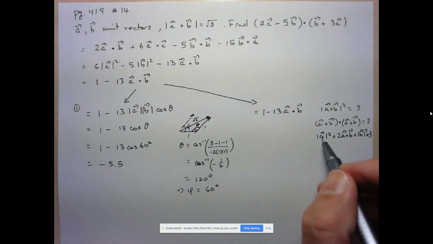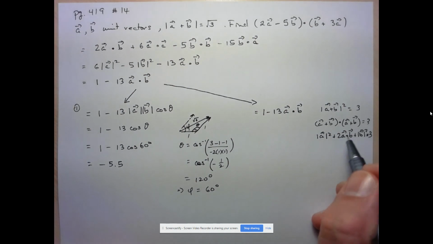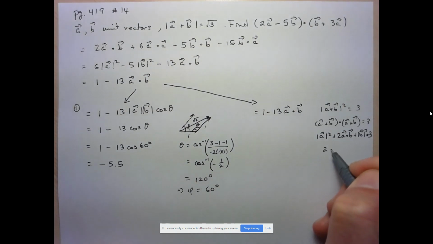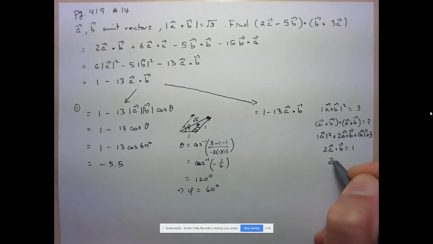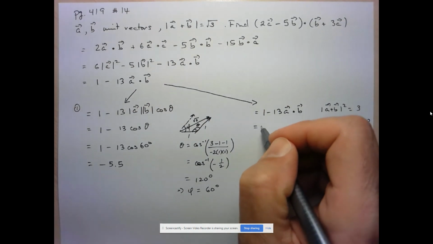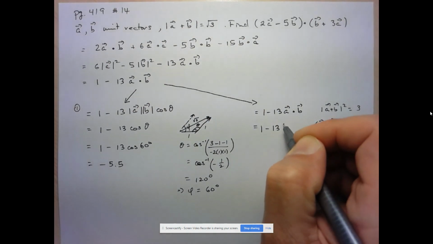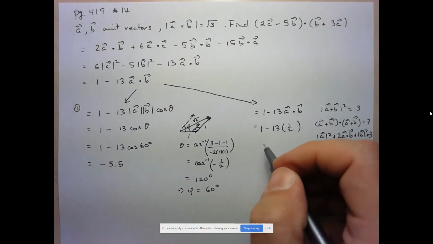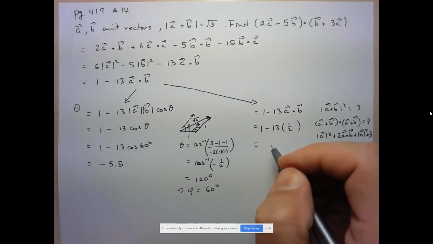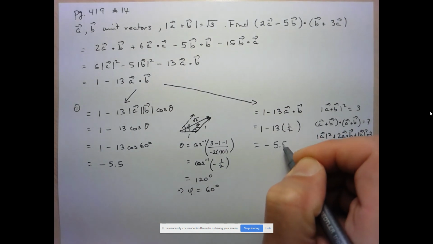Magnitude of A squared is 1. Magnitude of B squared is 1 because they're unit vectors. So I have 2 A dot B is equal to 3 minus 1 minus 1. Okay, so A dot B is equal to 1/2. And now I can stick this back into my equation, 1 minus 13 times 1/2, and that should look very familiar. It's exactly what we had before. So 1 minus 6.5 is negative 5.5.